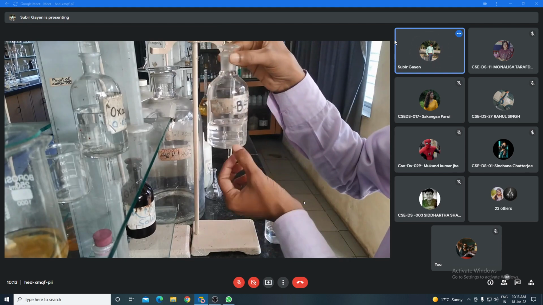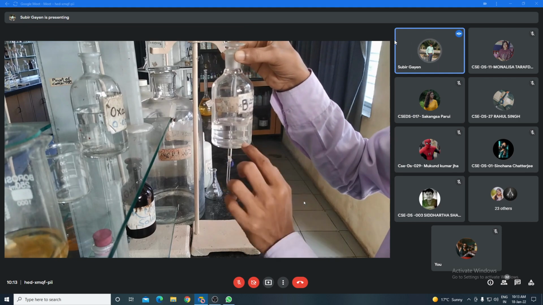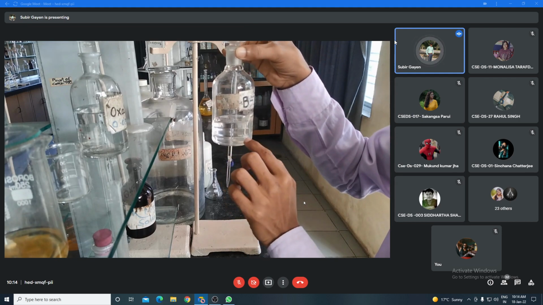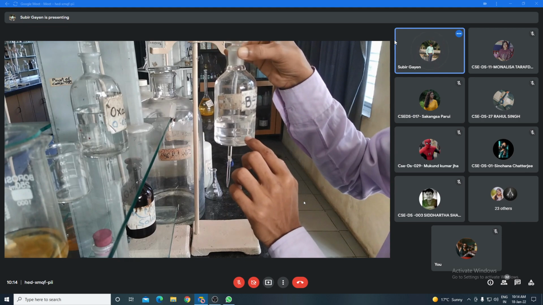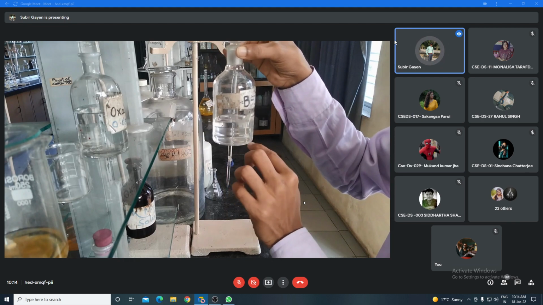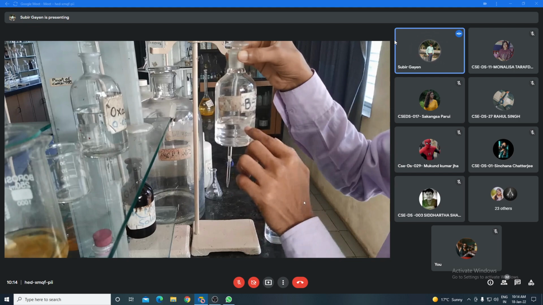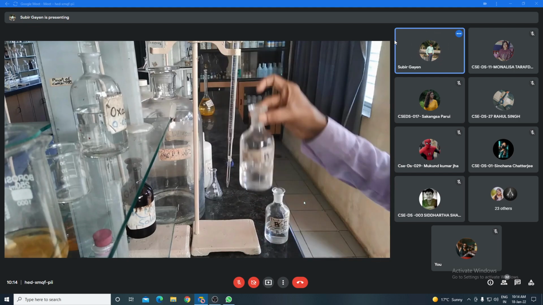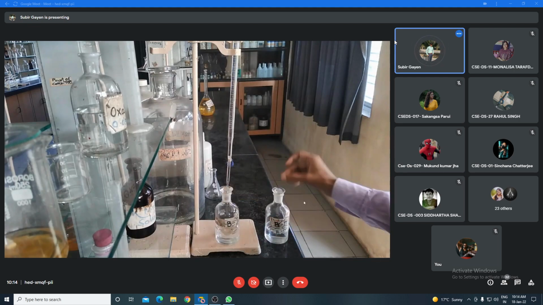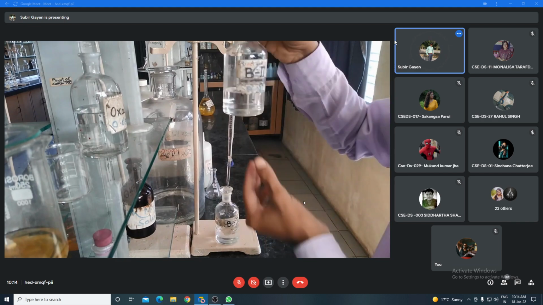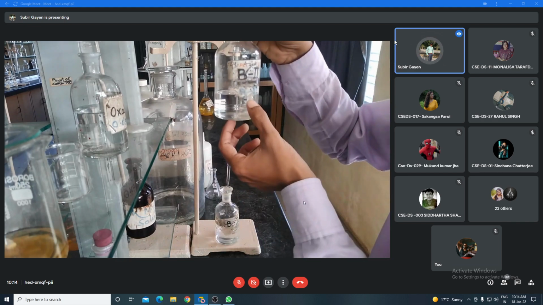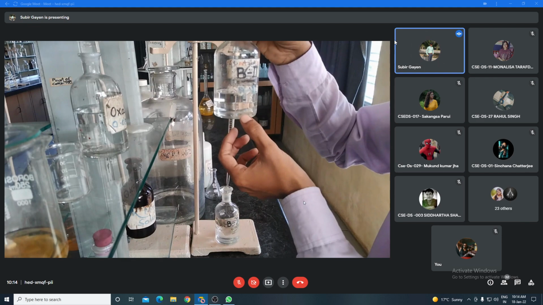That's why it is the heavy layer. So this is the aqueous layer. That means the aqueous layer will be the lower layer and the organic layer will be the upper layer. For bottle 2 also, the upper layer is the organic layer and the lower layer is the aqueous layer.